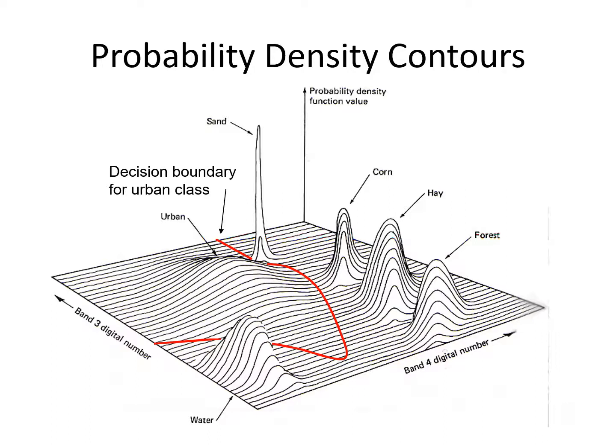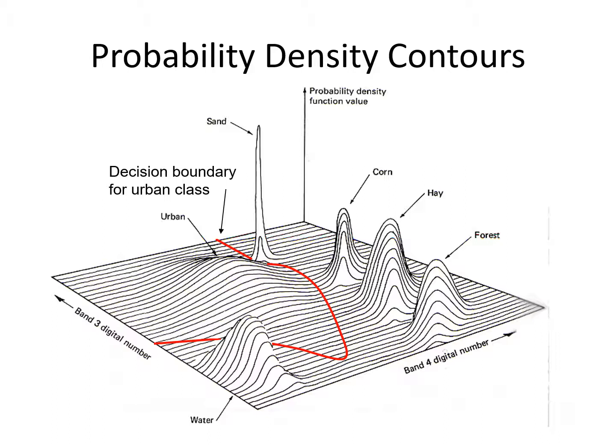But you can see this decision boundary for these urban classes. The urban class has a lot of variability because there's a lot of different stuff in it. It's not as pure as perhaps sand. So as you stay inside that red line, it means you have a higher probability of being urban than you do anything else.